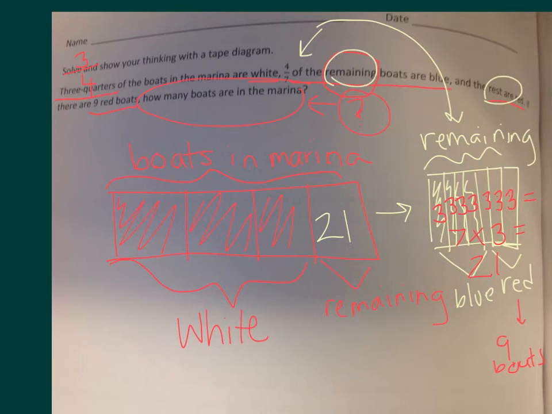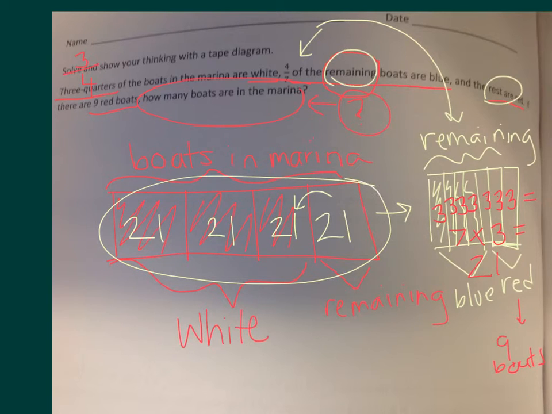If I know this piece is equal to 21, then I also know that this piece and that one are also equal to 21. So now I can figure out the total amount of boats in the marina by adding up all of the small pieces. 21 plus 21 plus 21 plus 21, or 21 times 4, which equals 84 boats.